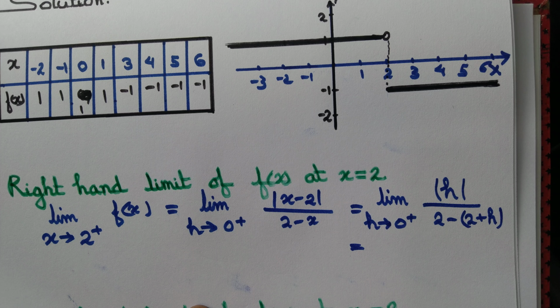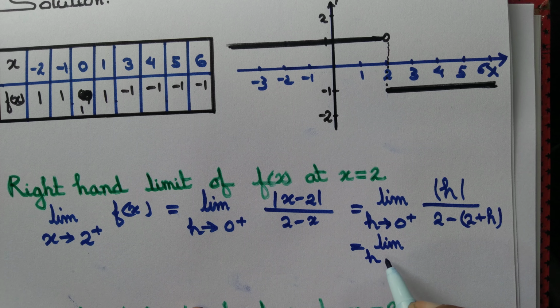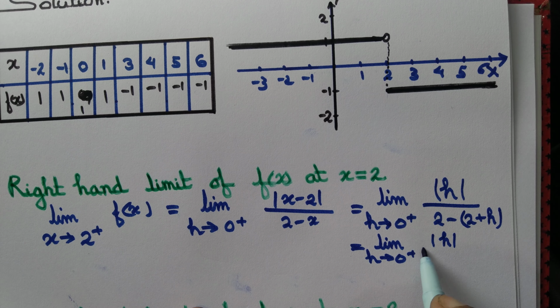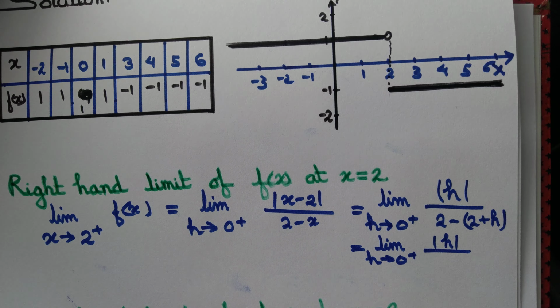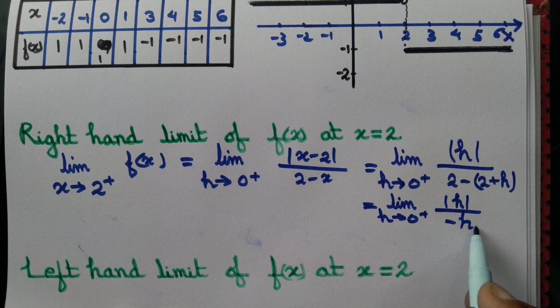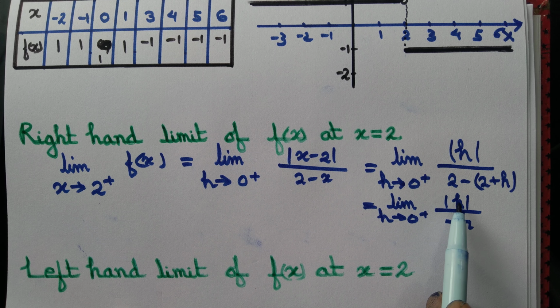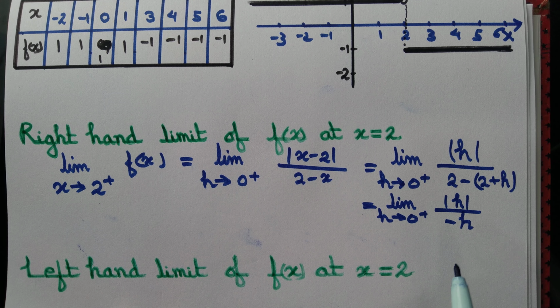So that's equal to limit h tends to 0 plus of mod h divided by minus h. Remember, h has to be greater than 0. As long as h is greater than 0, mod of h is exactly equal to h, and so this ratio is just equal to minus 1.